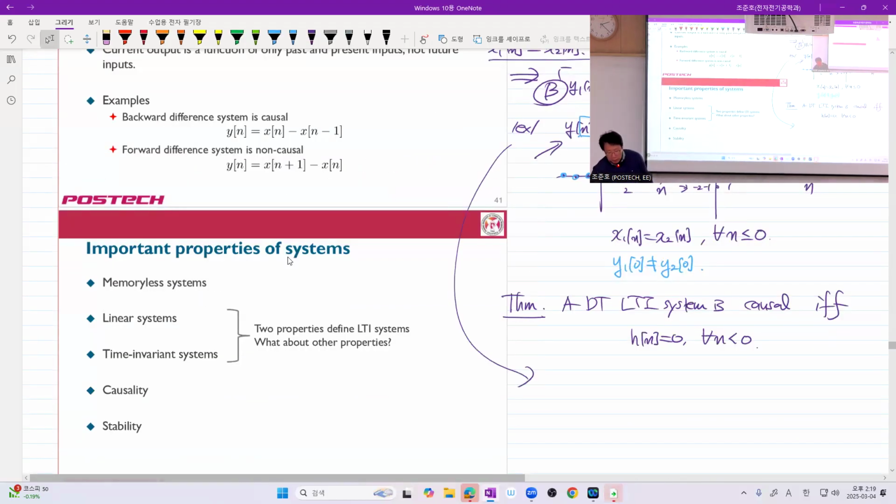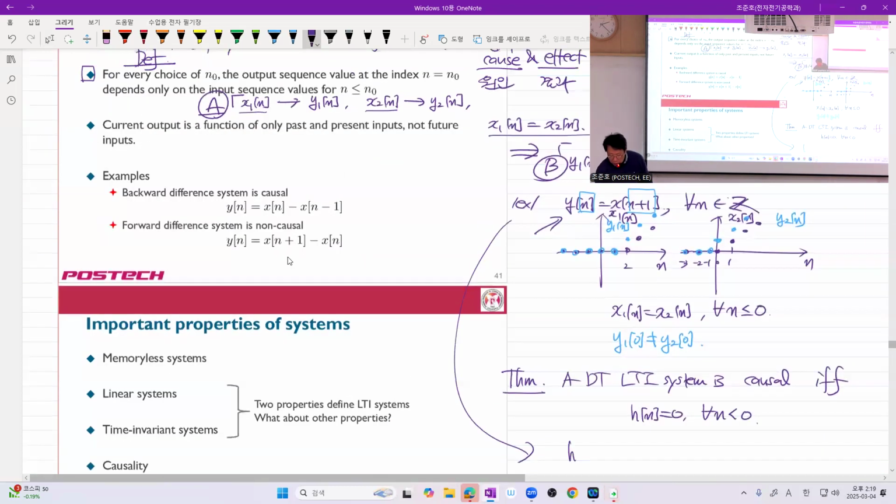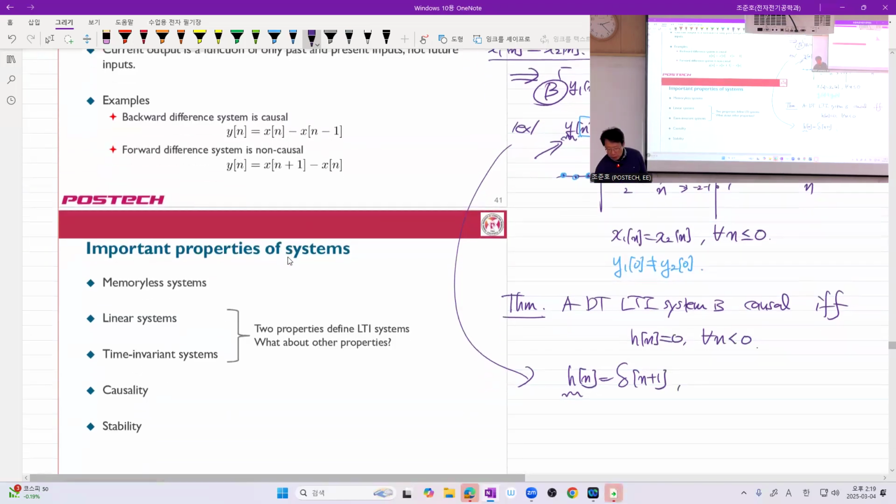You apply the impulse and find the response. When you apply delta to the input, the output becomes the impulse response. Let's draw it to visualize. When the argument is 0, delta is 1, which means n equals -1. You have 1.